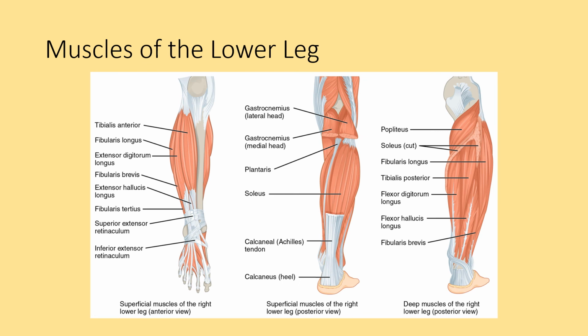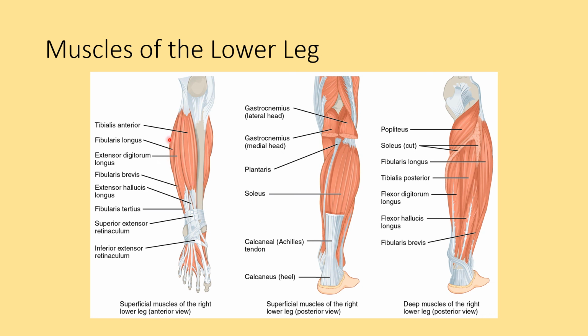When we look at the lower leg, the superficial muscles, you have your tibialis anterior. That's going to be right next to the tibia. Remember in the leg, the tibia is the thicker bone because it's carrying all the weight. The fibula's diameter is much smaller because it's used a lot for muscle attachment points.